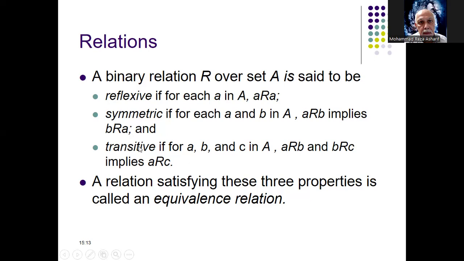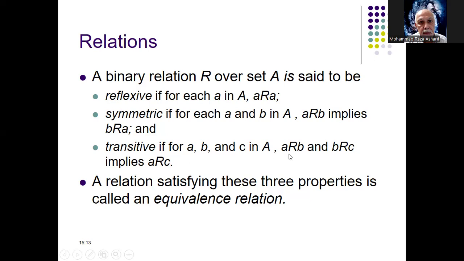Another relation is transitive. The specification is that if a, b and c are in a region of the picture, and a is related to b and b is related to c by some relation, for instance neighbor or whatever you define, then a is related to c.